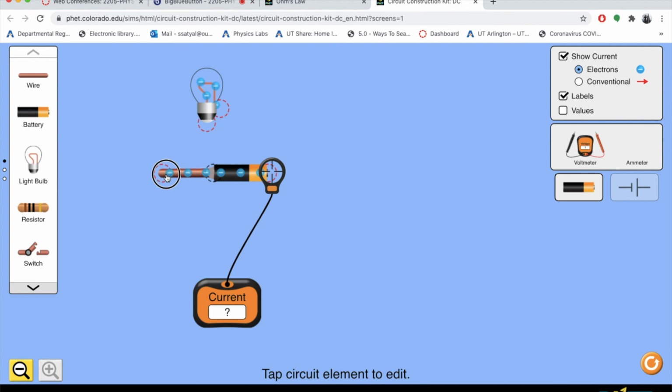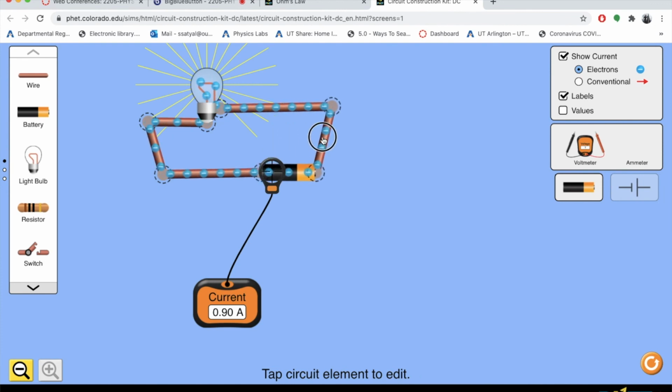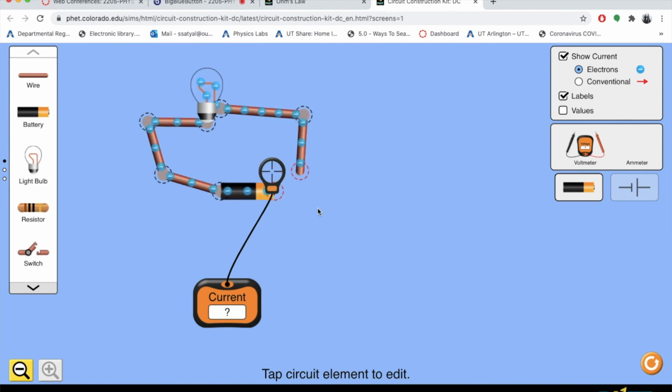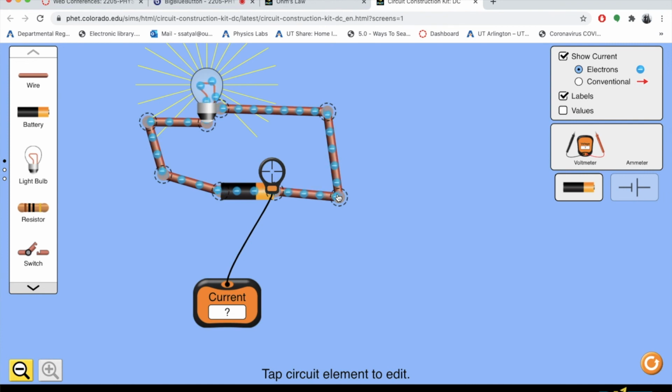Try to draw nice looking circuits, easier to grade. I can even cut it, bring it here, use another wire just to make it look a little nicer.